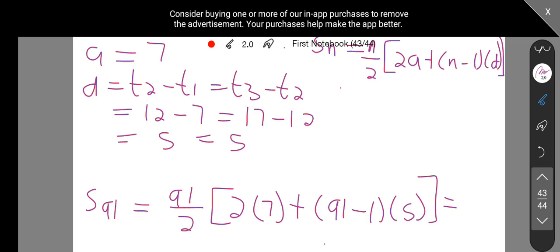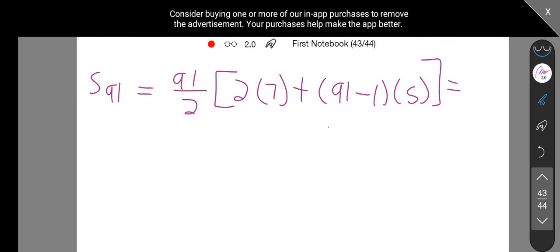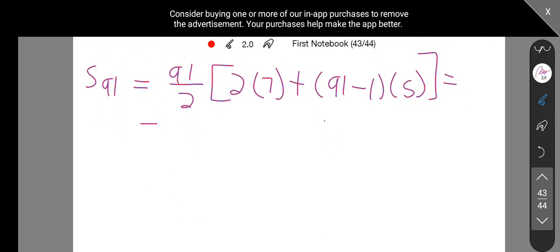So we get 21112 is the answer. Let me write it below here. The answer that we get there is equal to 21112. And we're going to look for S90.